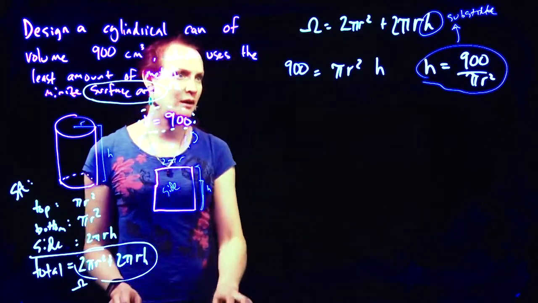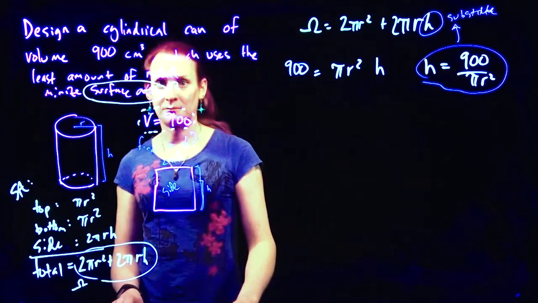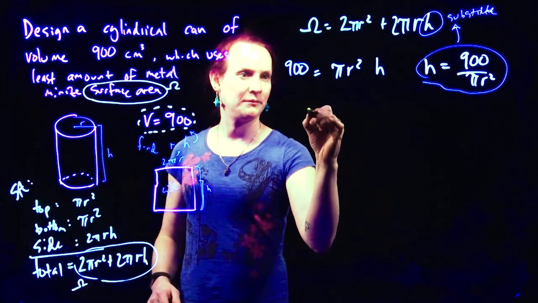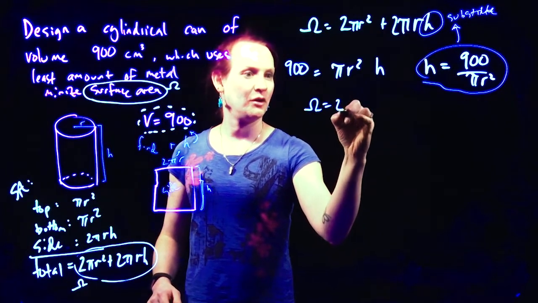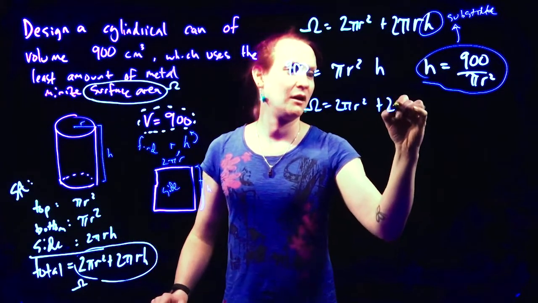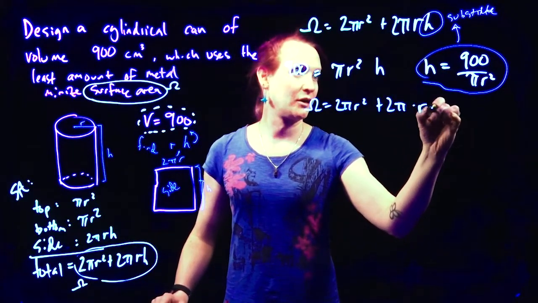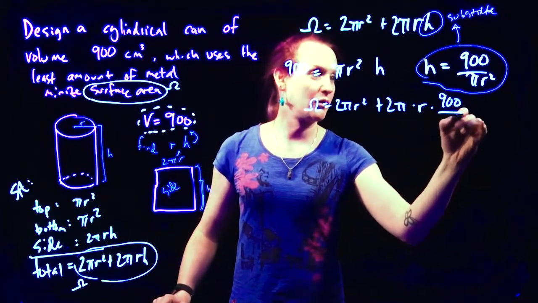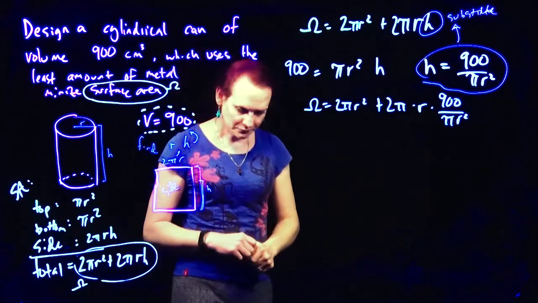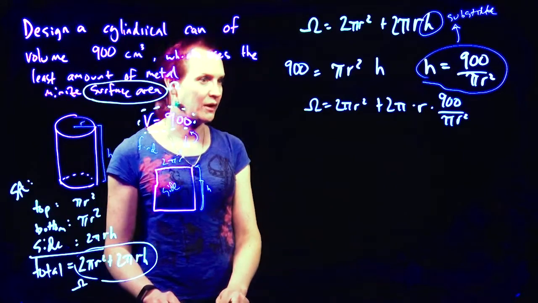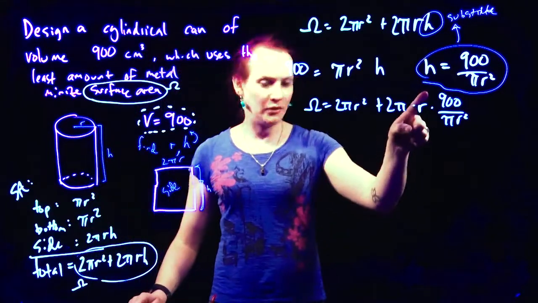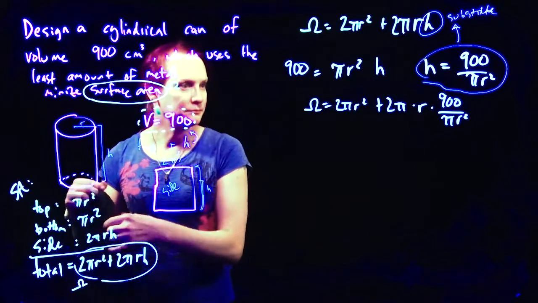So I have my objective function, omega, equals 2 pi r squared plus 2 pi times r times 900 over pi r squared. Let's do a little bit of simplification. Let's let some r cancel.